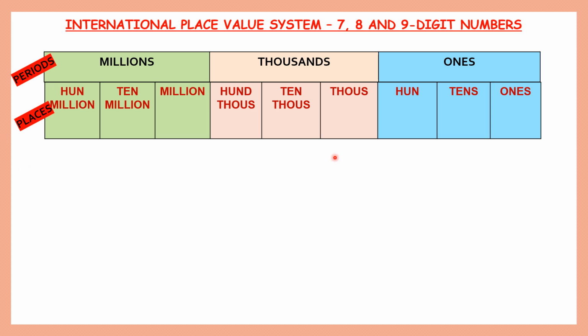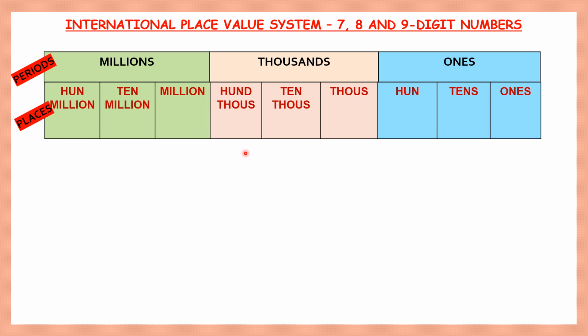So let's have a look at the places. In the ones period, we have ones, tens and hundreds. This is the same as the Indian place value system. The ones period has 3 places. Now the thousands period, we have 1000, 10,000 and 100,000. So again, there are 3 places in the thousands period in the international system. In the Indian system, we only have 1000 and 10,000.